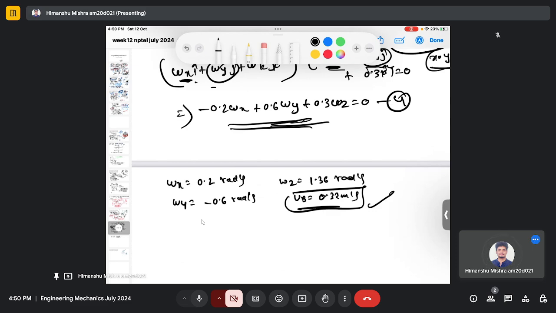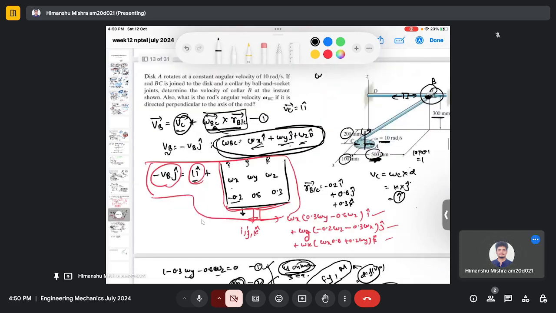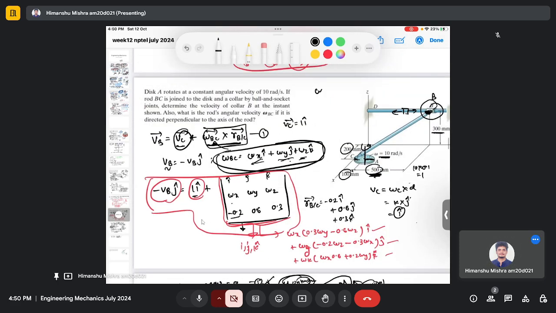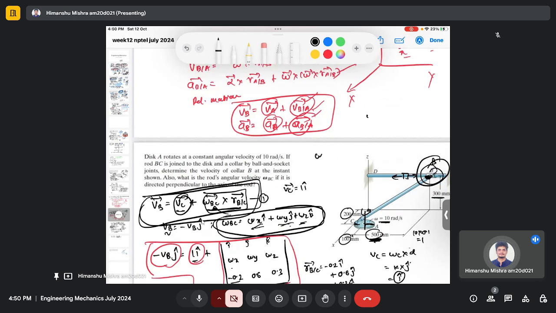So this is a bit tricky problem. Just to recap, we need to find the velocity of this socket at point B, and we use this relative velocity formula, because in the previous class we saw that if we are given the velocity of one point, then we can calculate the velocity and acceleration of another point by using this relative velocity expression.